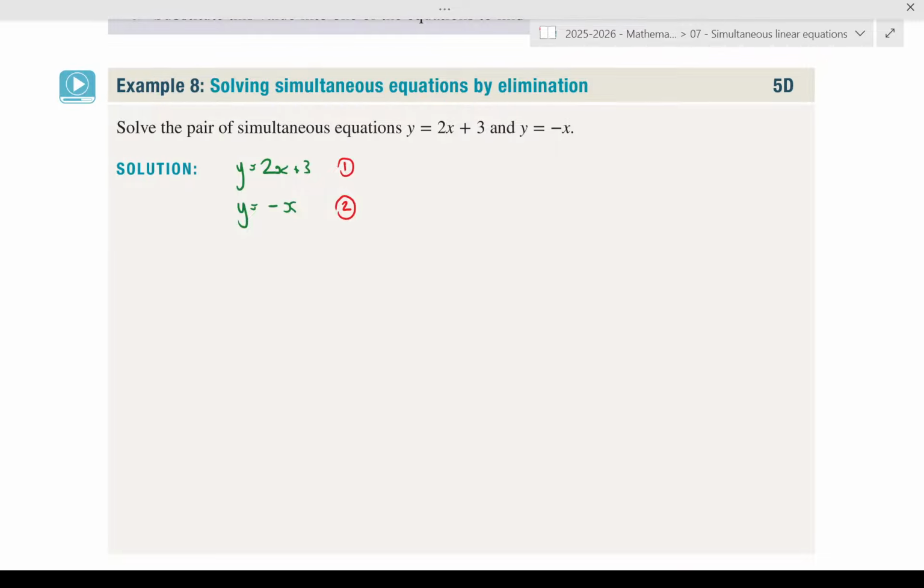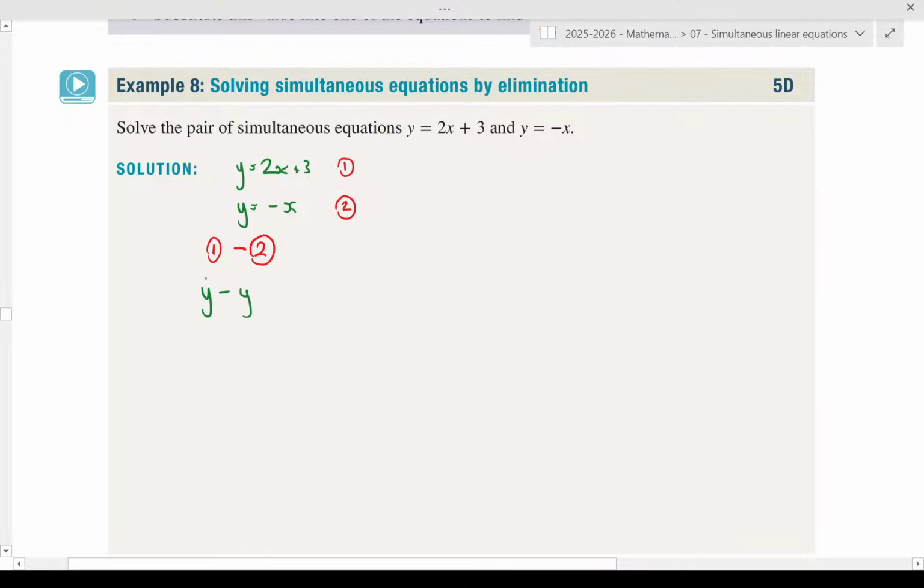So the way I'm going to do that is I'm going to go equation 1 minus equation 2. I'm going to subtract them because you can see there's a y there and a y there. So if I subtract them from each other, I'm going to end up with y minus y.